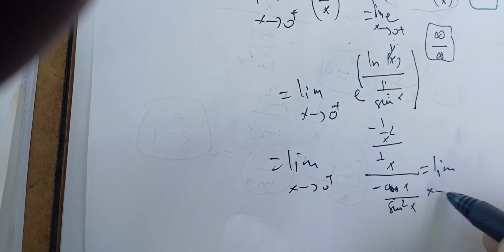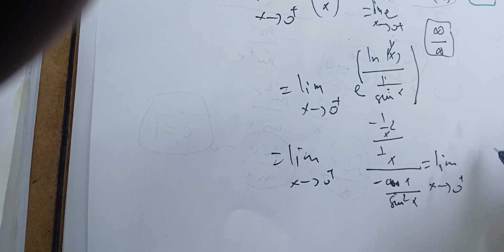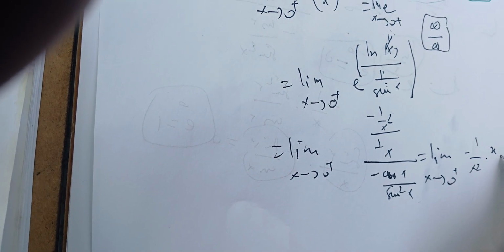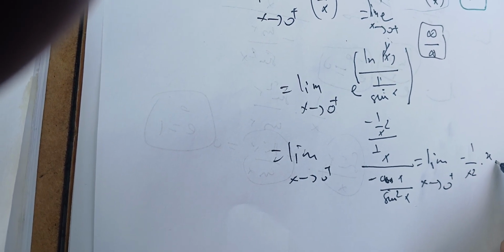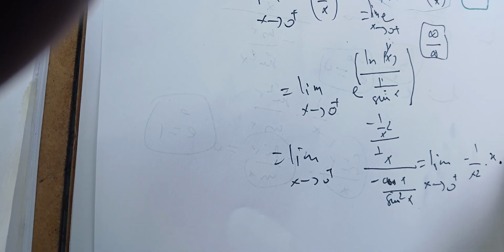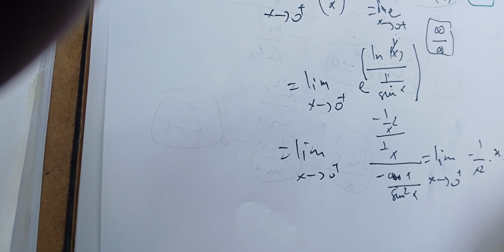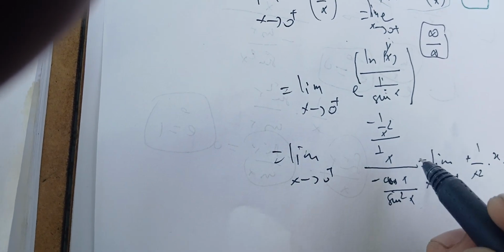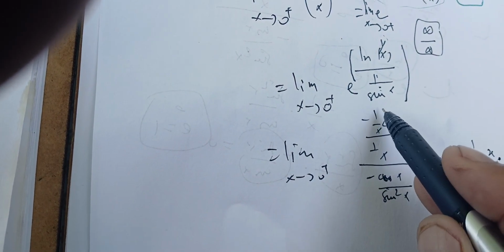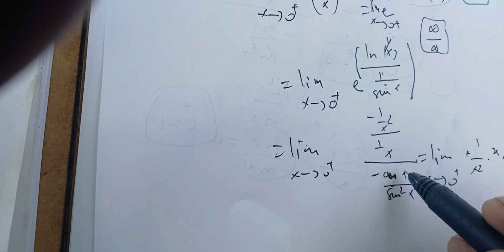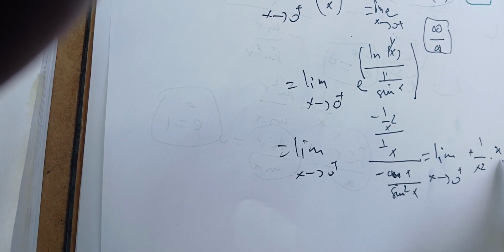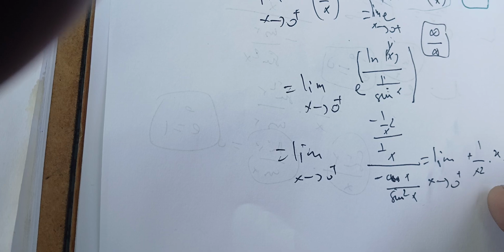We have minus 1 over x squared times x, times sine squared of x over cosine of x. Now we flip this one here.